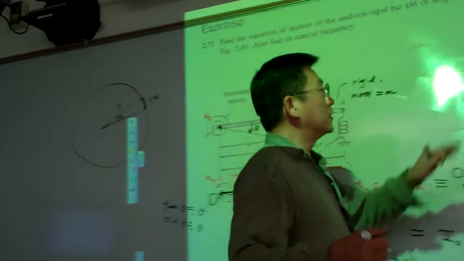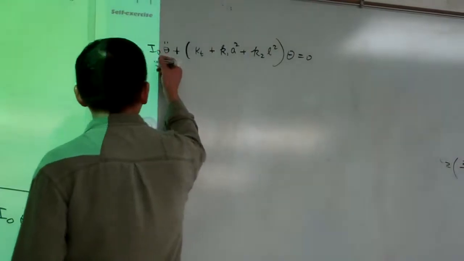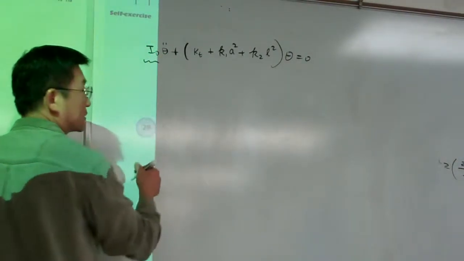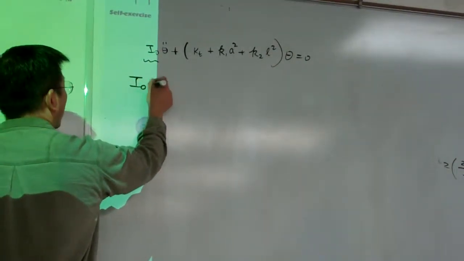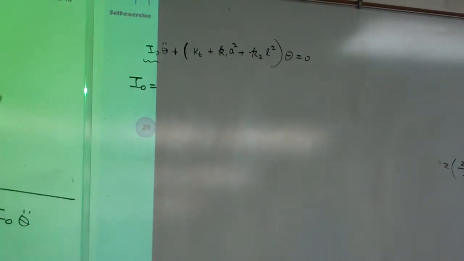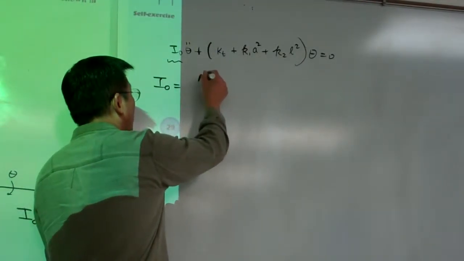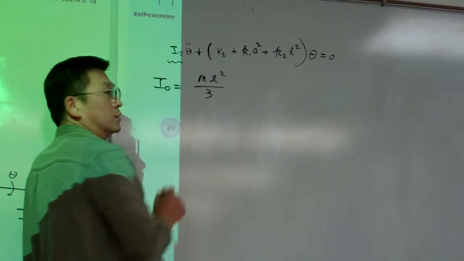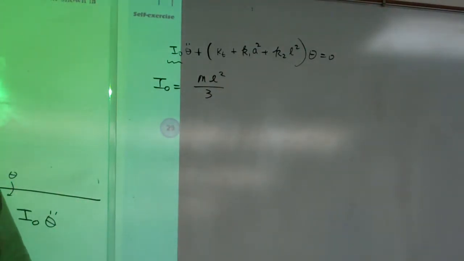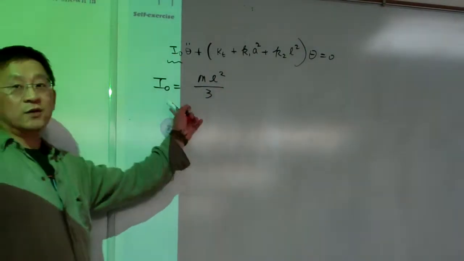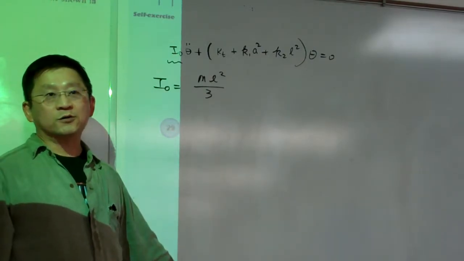If you want to go into more detail, I_O is the moment of inertia of the bar with respect to one end. If you remember dynamics, that will be mL squared divided by 3. I know this number because before I came here, I reviewed my lecture notes.